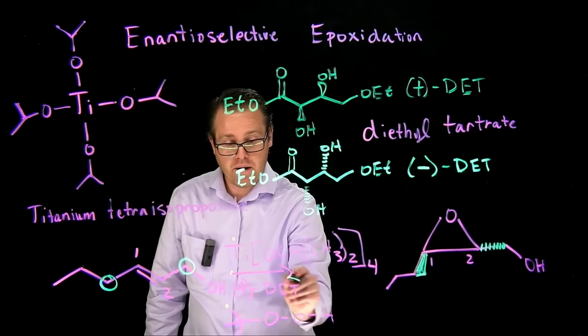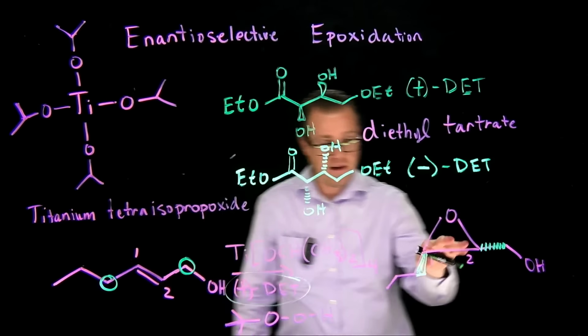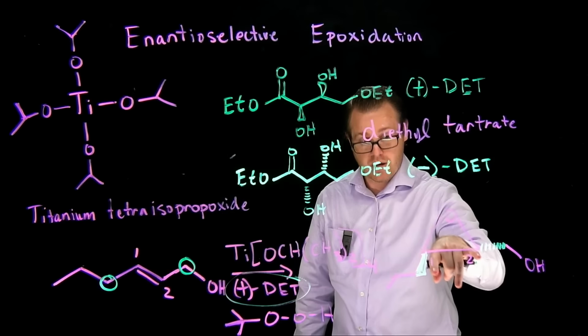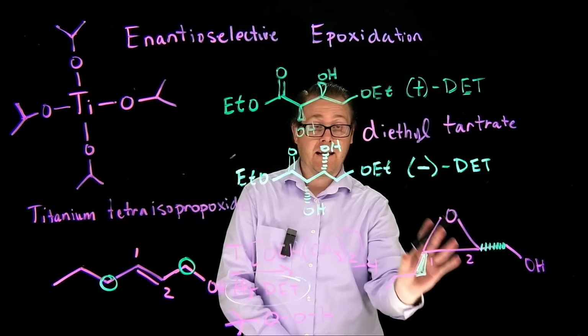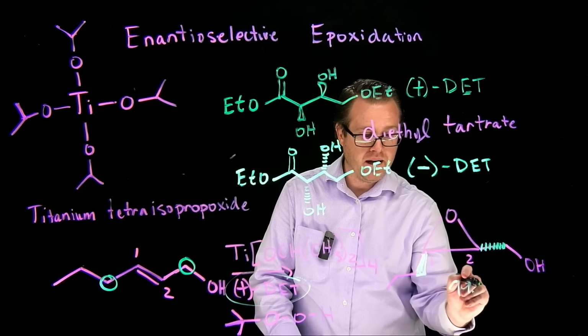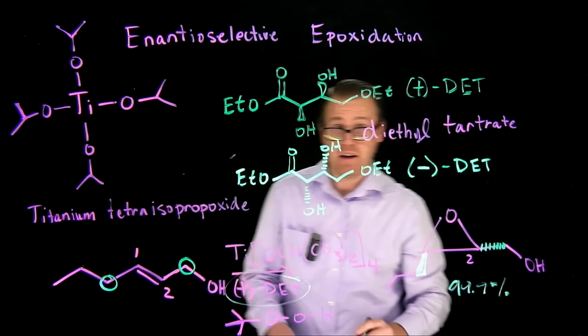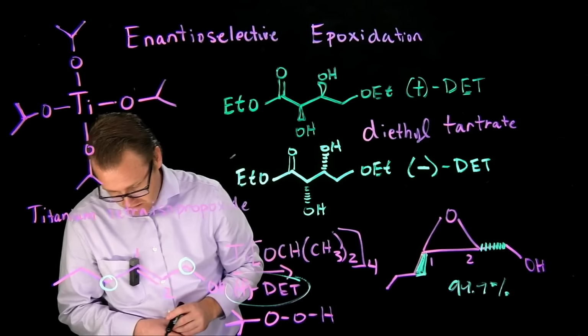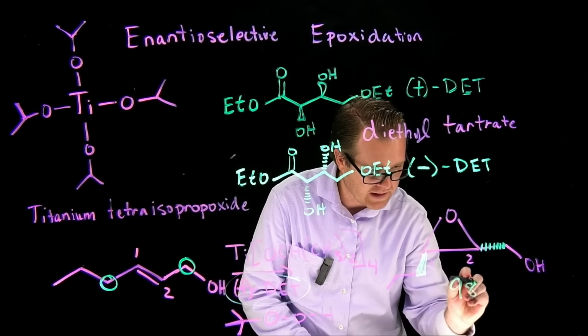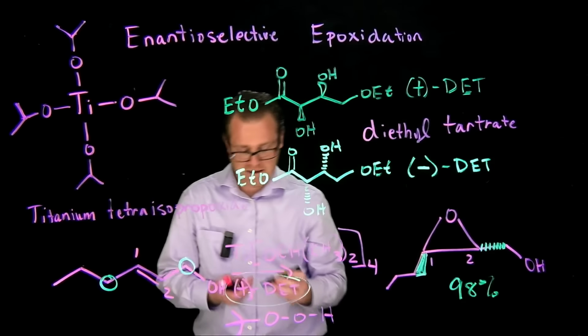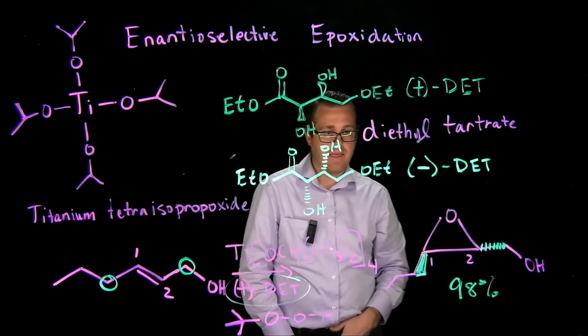I do not know if this right here is going to give me this particular enantiomer. But I do know that whatever it gives me, it's going to be nearly 99, nearly 100%. Well, it's not that great, it's more like 98% selective. All right.